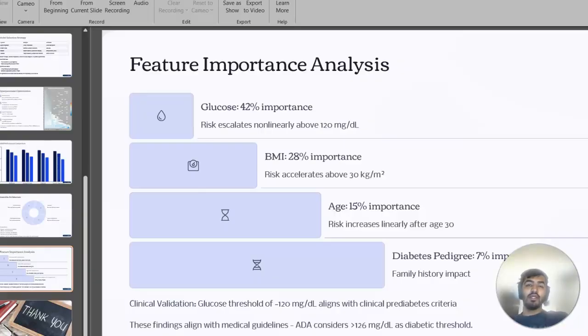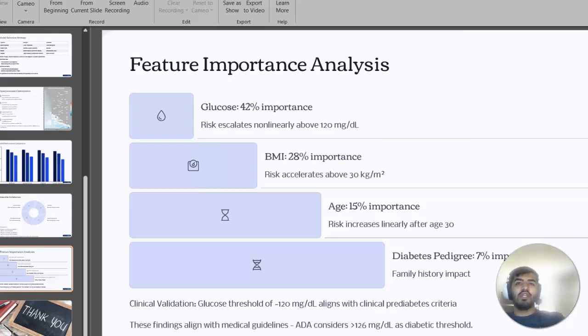To summarize the key findings from this project: the data quality step, identifying and properly handling missing values, was crucial for model success. Then glucose, BMI and age emerged as the most important predictors across all models.